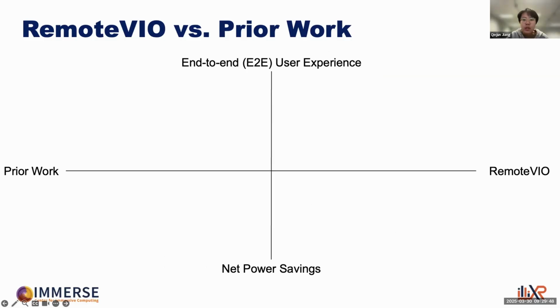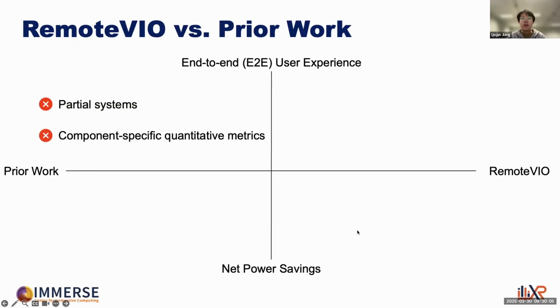Unfortunately, previous work usually builds just a partial system with only the components relevant to the tasks to be offloaded, and therefore cannot have an end-to-end user experience. Based on such partial systems, they collect component-specific metrics which have an undetermined relationship with the actual user experience.